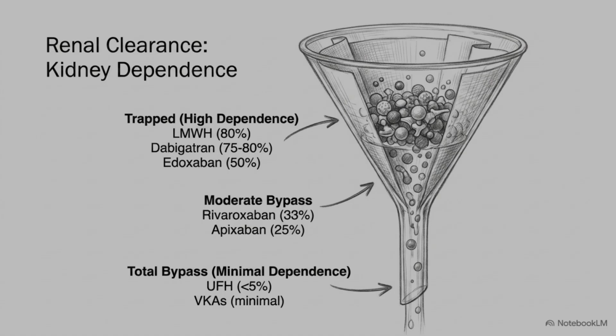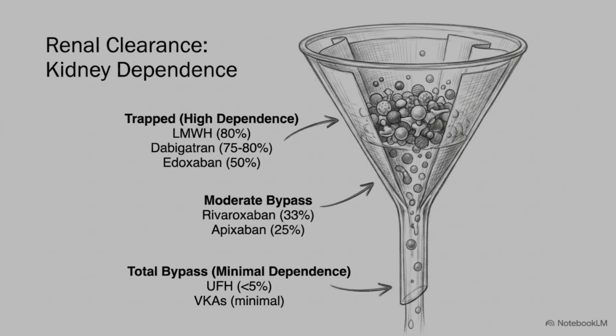High risk of getting into trouble in renal failure: low molecular weight heparin, dabigatran, and edoxaban. So keep in mind the two extremes: unfractionated heparin and vitamin K antagonists can work even with renal failure, but that becomes a problem for low molecular weight heparin, dabigatran, and edoxaban.